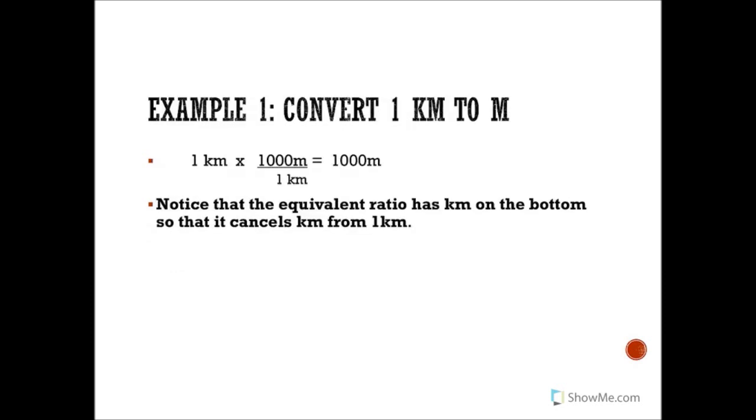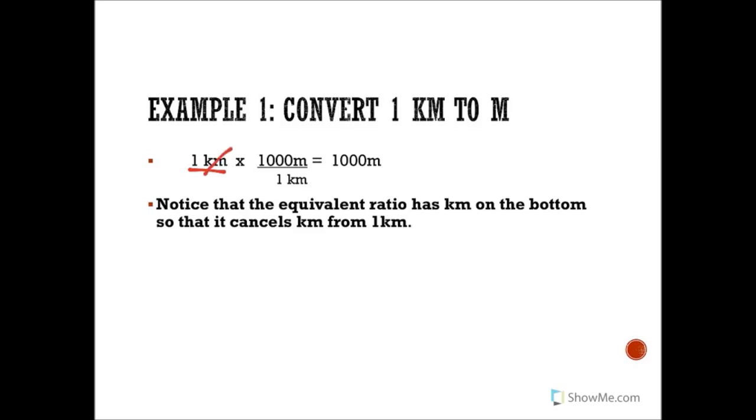So if we are to convert 1 kilometer to meters, we start with 1 kilometer here, and we already said 1,000 meters is equal to 1 kilometer. We write 1,000 meters over 1 kilometer, and the reason we write 1 kilometer on the bottom is because we want our units to cancel off and be left with the units that we want.